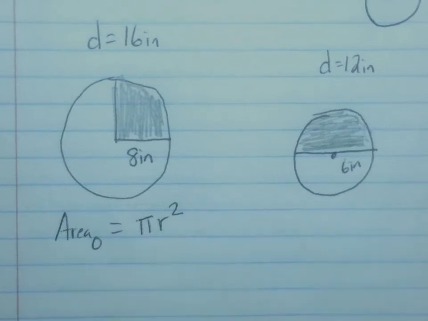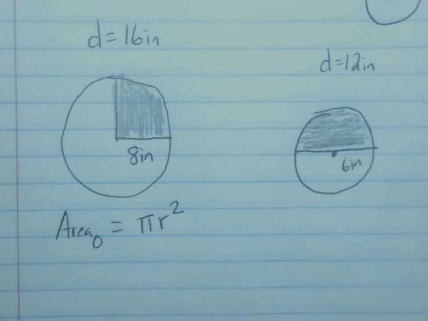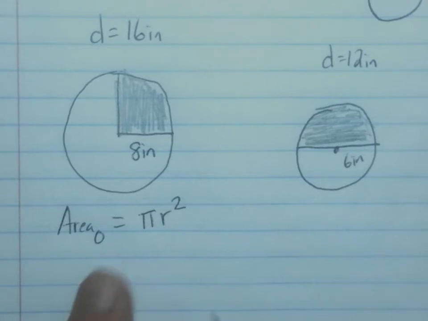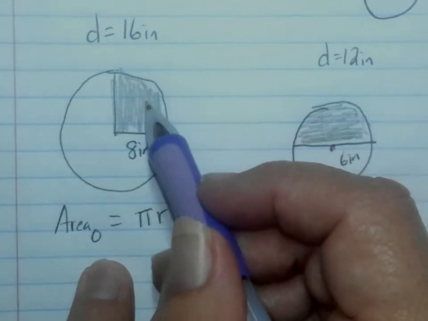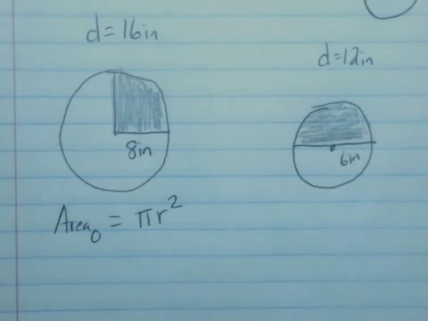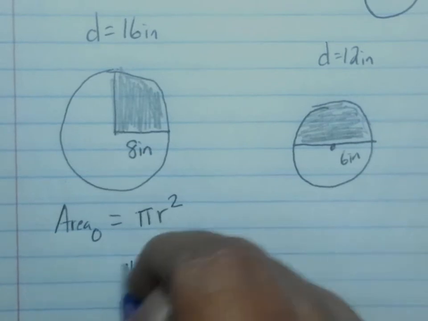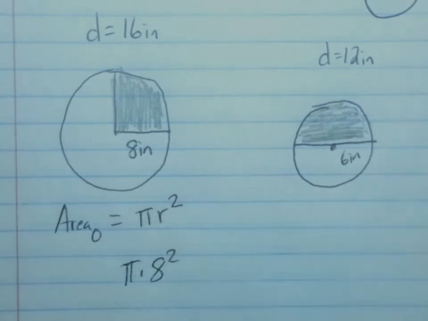Pi r squared. No, pi r round. Okay. Lame math joke. Okay, trying. It's a rough crowd in 4B today. Alright, so let's look at Rachel's entire pizza. That would be pi times 8 squared.